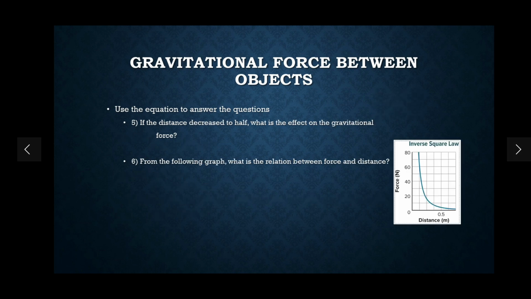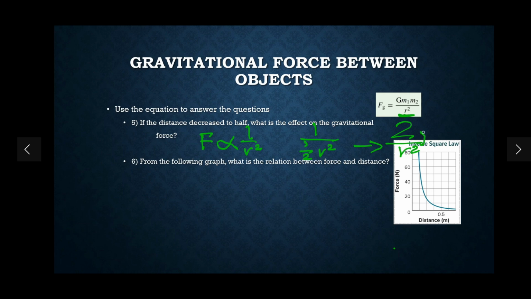Let's move on. Let's use the same equation to answer the two last questions. If the distance decreased to a half, what is the effect on gravitational force? Since F is inversely proportional to 1 over R squared, if 1 over half R squared, then it becomes 2 over R squared.